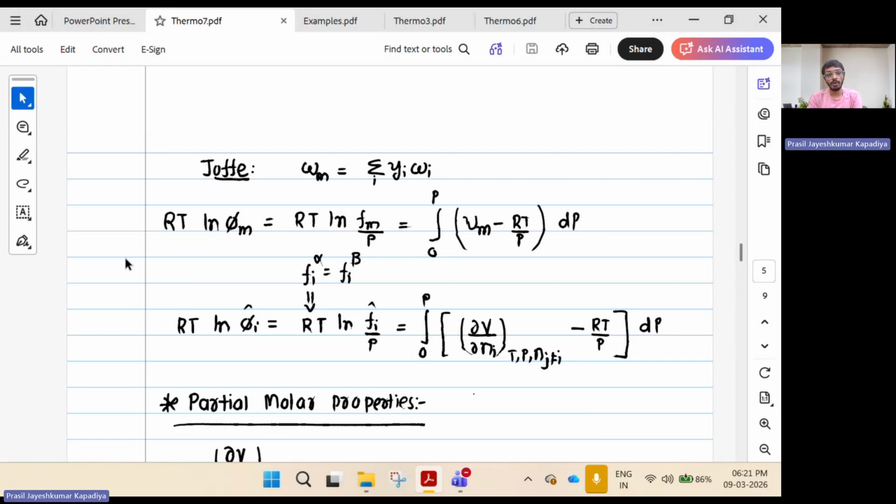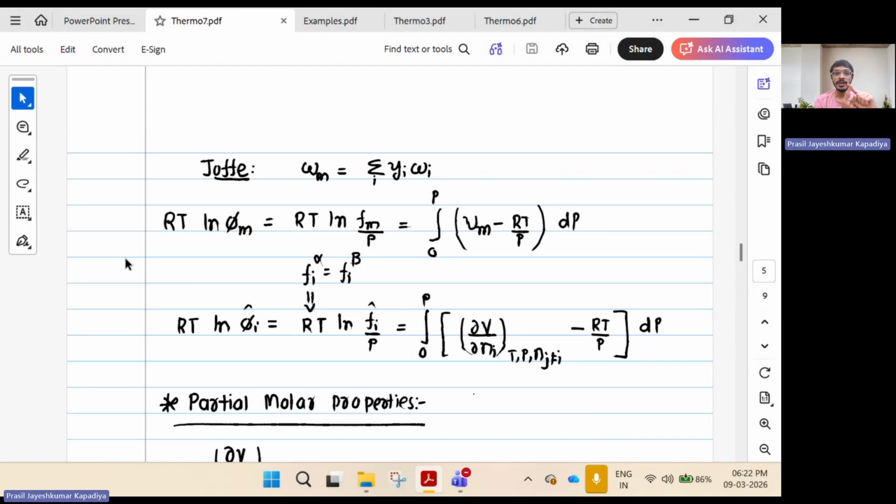How can I go from individual component volume to mixture volume? We have learned that when we are dealing with a multi-component system also, the condition from chemical equilibrium or thermodynamic equilibrium is that we should satisfy three conditions.